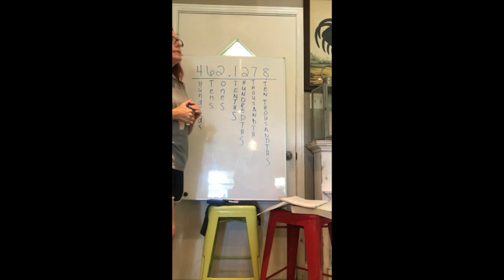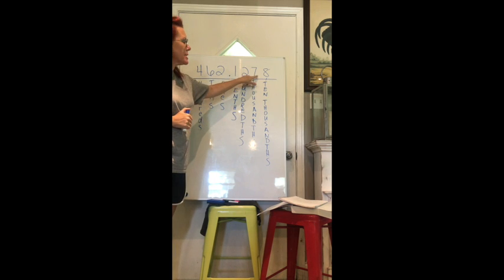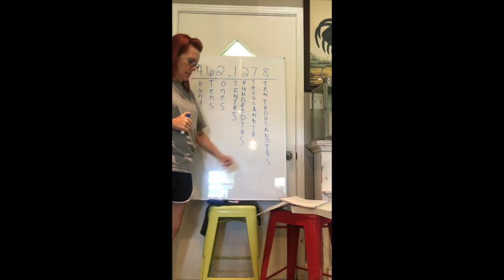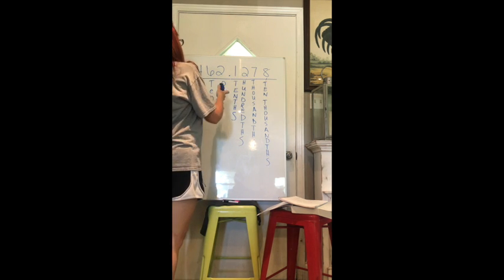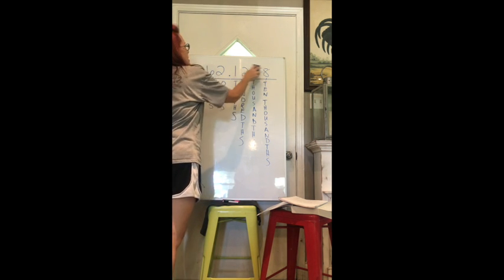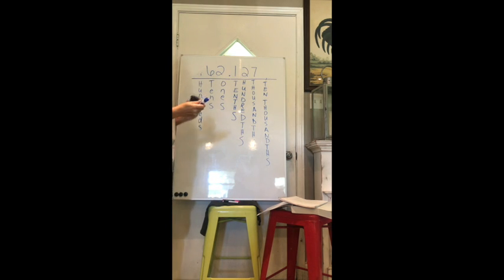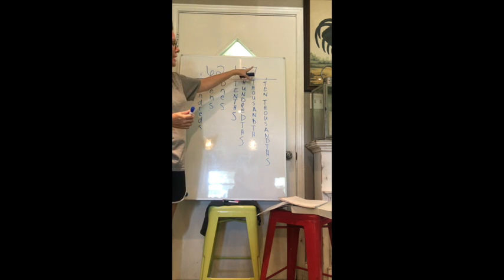Okay, in this number, we have 462 and 1,278 ten thousandths. Okay, now I could change this number. Now we would have 62 and 127 thousandths.